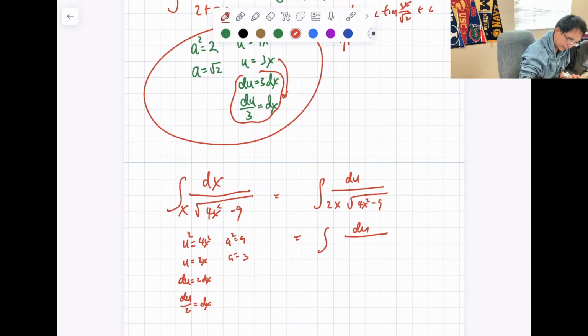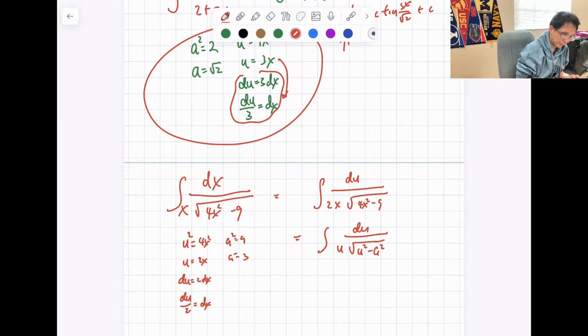Du. I got du over 2, and what was the question here? I can do du over 2, so this one is going to be u and u squared minus a squared, right?